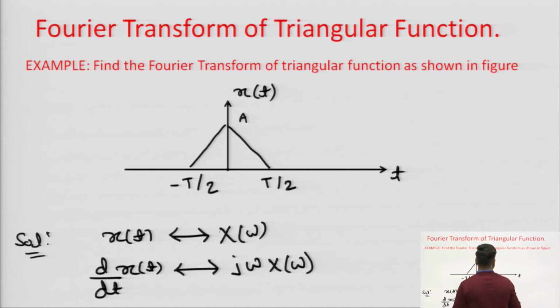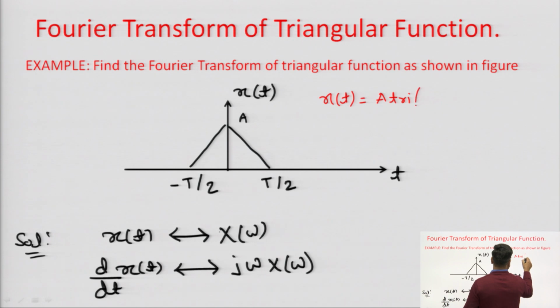So, we can represent x of t as A into triangular function t upon T, where T represents the width of the signal.